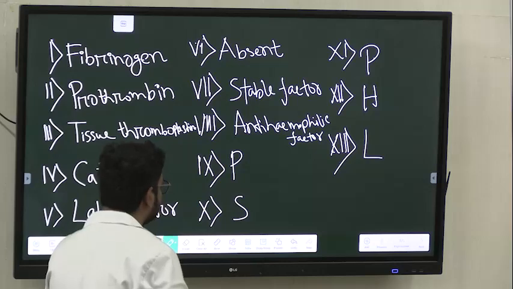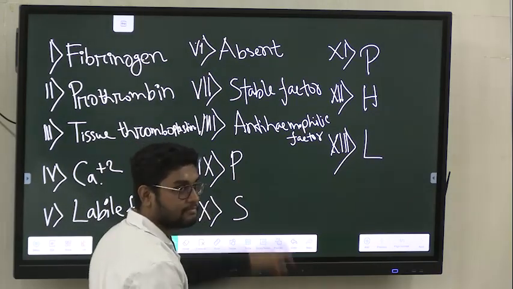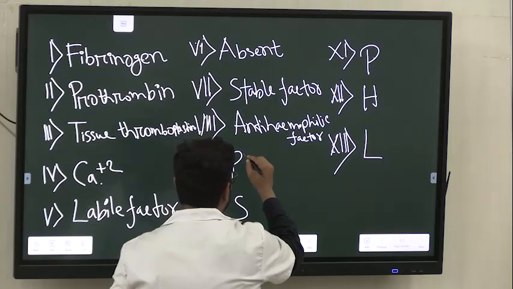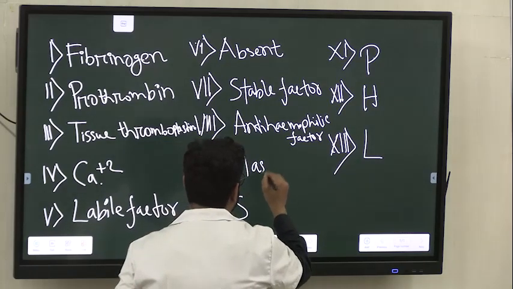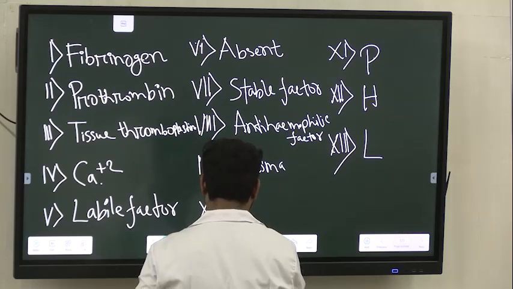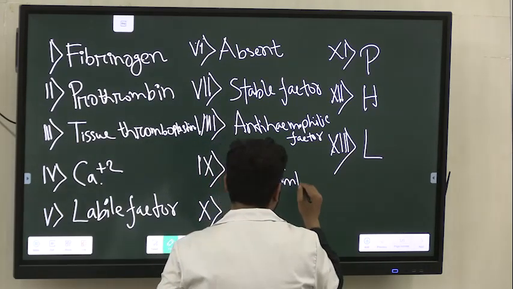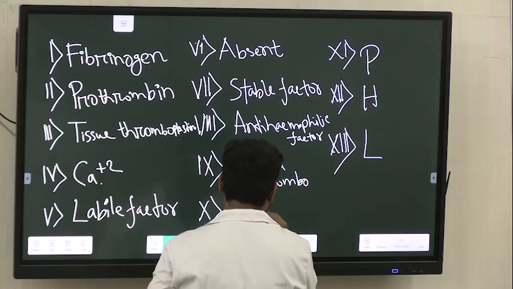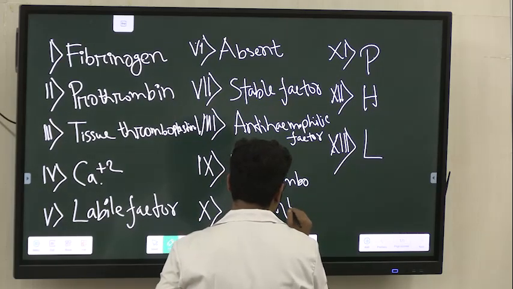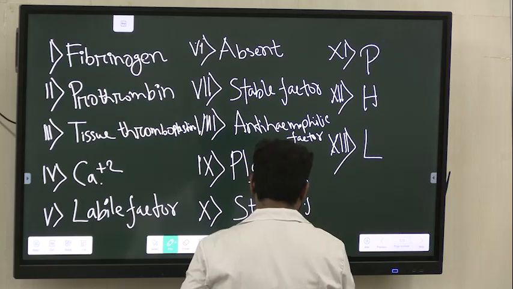And then plasma thromboplastin antecedent. And factor 10 is, we know, Stewart-Prower factor. Stewart-Prower factor. P-R-O-W-E-R. So, Stewart-Prower factor. Understood? Okay.